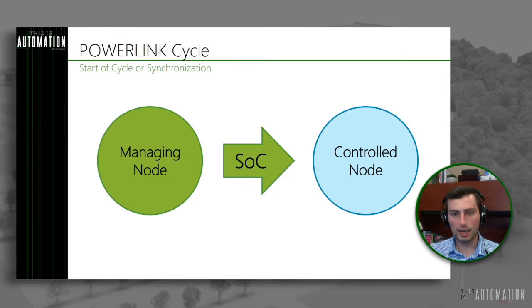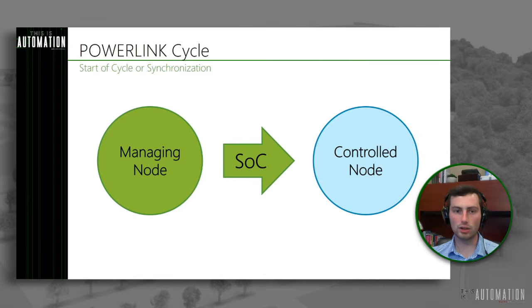That start of cycle message gets sent to all of the controlled nodes, so that all of the controlled nodes are working basically on the same clock as the managing node and all the other controlled nodes in the system. We'll look at this in the context of a one-to-one managing node, controlled node for now, just for simplicity's sake. But then in just a minute, we'll look at how that looks with multiple controlled nodes in the system, which would be a more typical application.